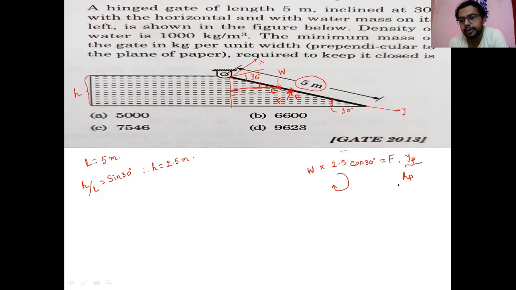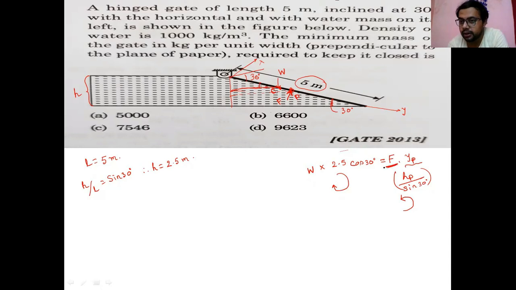Two ways you can find it, either YP or hp divided by sin. The same thing. The sense of the rotation is anti-clockwise. So one clockwise moment, one anti-clockwise moment, they will nullify each other.